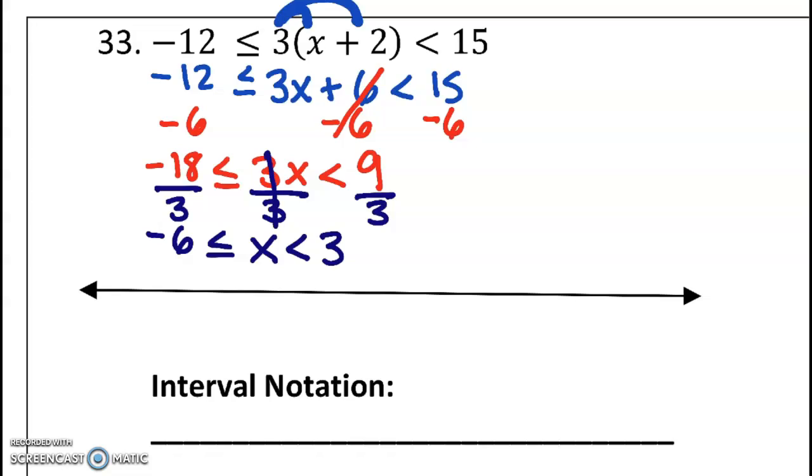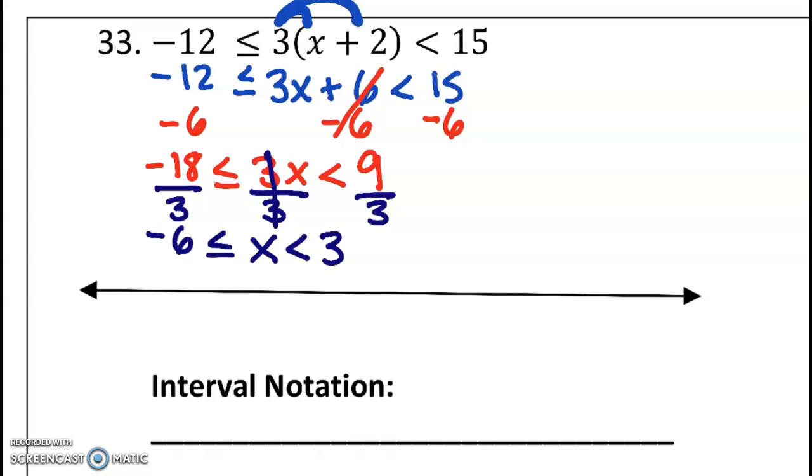We're a little confused. You do not need to flip your signs here. You only flip your signs if you divide by a negative. The negative was already there on the left-hand side. You did not divide by a negative. You did not go and change the sign, so you do not go and change your less than greater than.